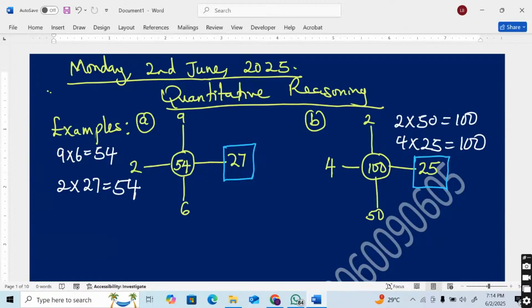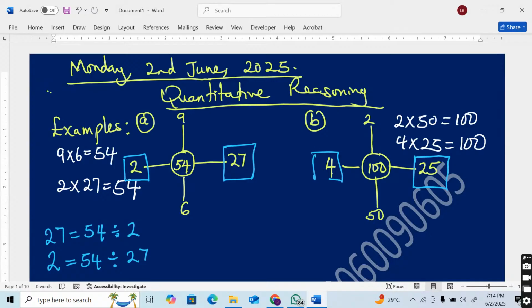So to get 27, that will be equal to 54 divided by 2. If you also want to get 2, 2 is 54 divided by 27.